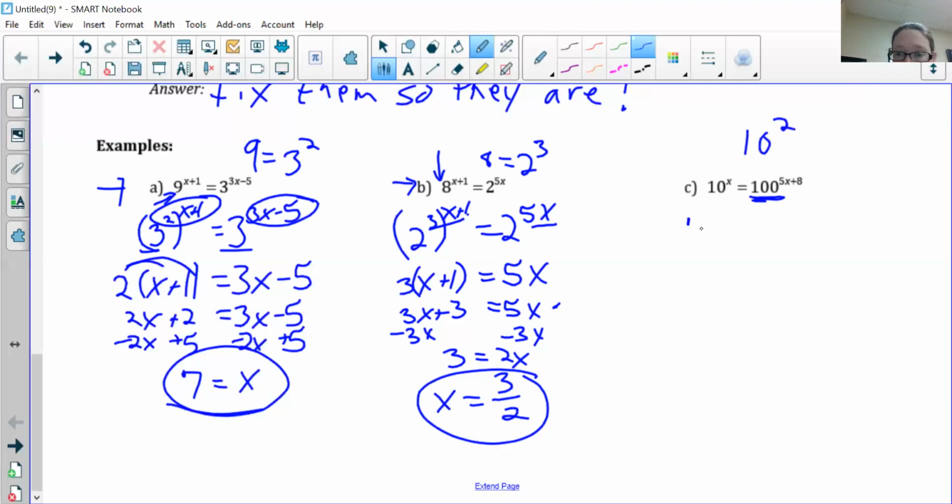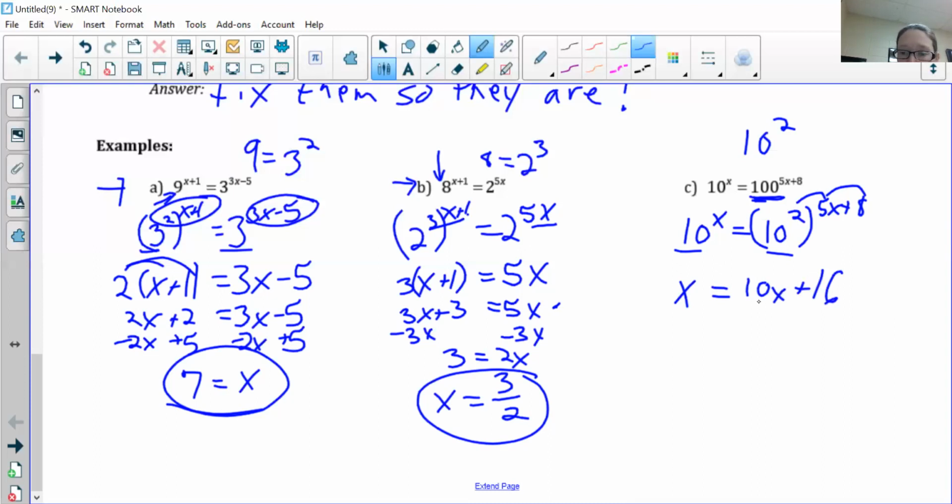So let's rewrite it. So 10 to the x power is equal to 10 squared to the 5x plus 8 power. Now that we have the same bases, we can set our stuff equal to each other, our exponents. So x equals, and this time let's just go ahead and do the distribution as we write it down. So 2 times 5x is 10x. 2 times 8, 16.